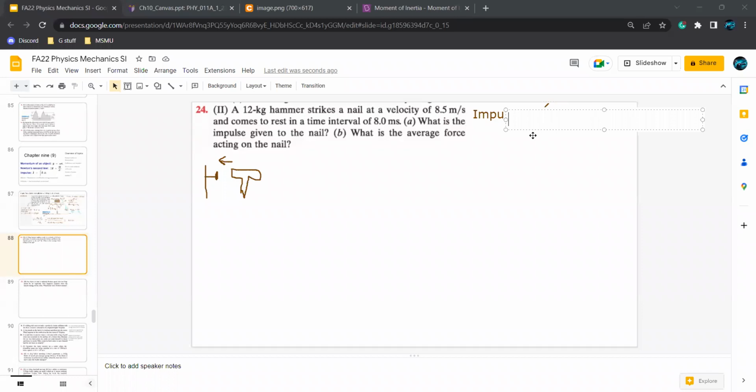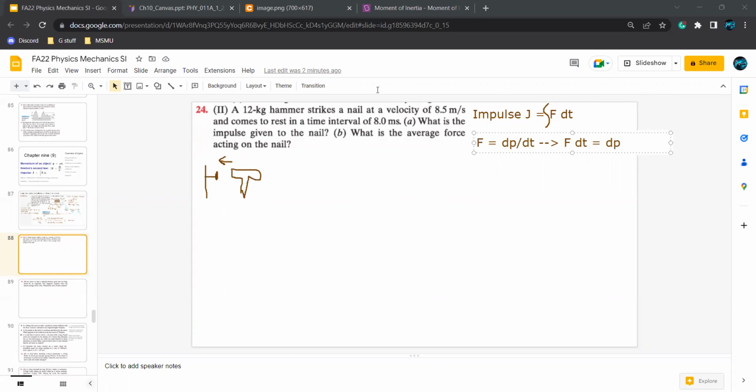That also means that F is equal to dp over dt, which becomes F dt equals dp.